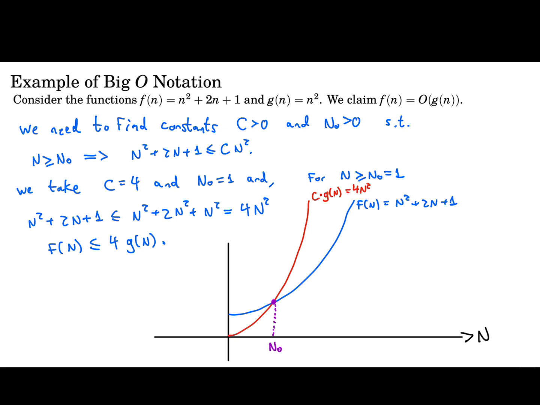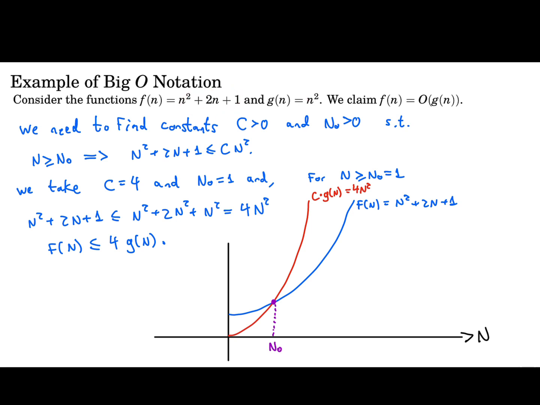That's what we mean when we say that c times g of n is eventually larger than f of n. That means there exists a moment after which it's larger, right? Okay, so this is how you can show something like this.